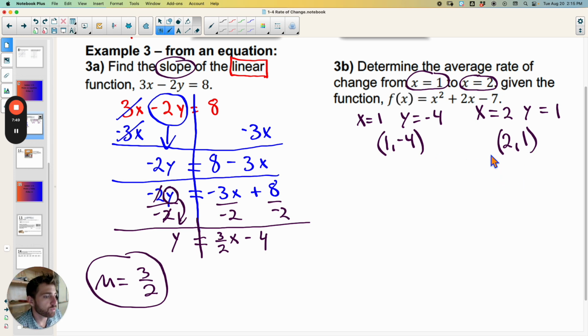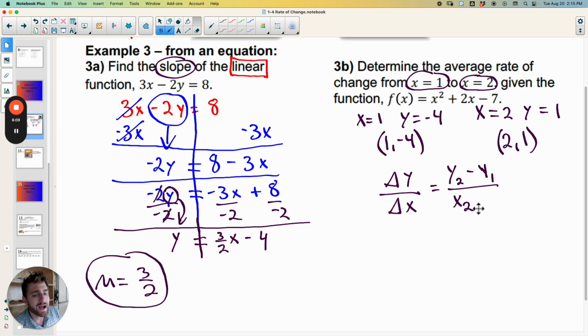So now we have our ordered pairs, and now we just need to remember our formula, which is delta y over delta x, our rate of change formula. So recall that's y2 minus y1 over x2 minus x1. I'm sorry, I said y squared. It is not y squared, it's y2 minus y1 over x2 minus x1. So we're just going to plug this straight in.